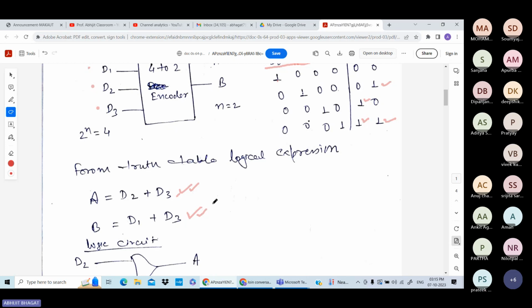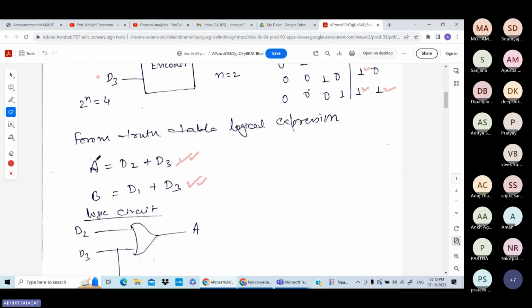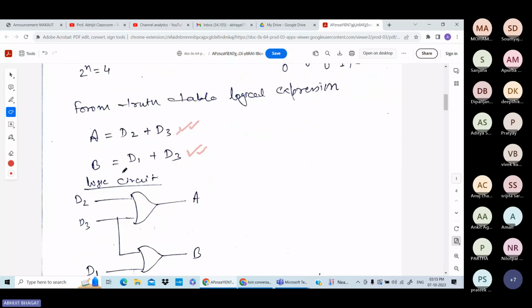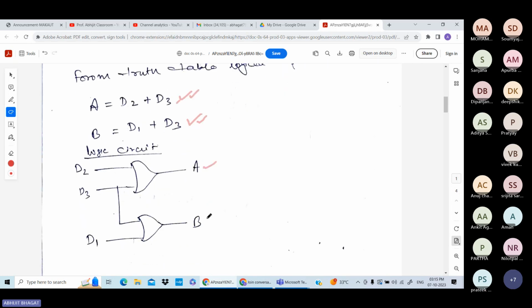Okay? Next, after getting the logical expression, we will go for the logic circuit. So here D2 plus D3 is an OR gate. D2, D3 through an OR gate, you will get A here. Next for B equal to D1 plus D3, for output B, your D1 and D3 will be passing through an OR circuit.